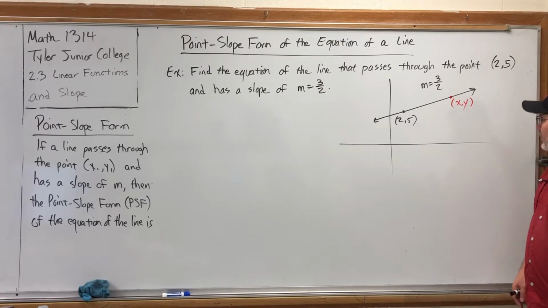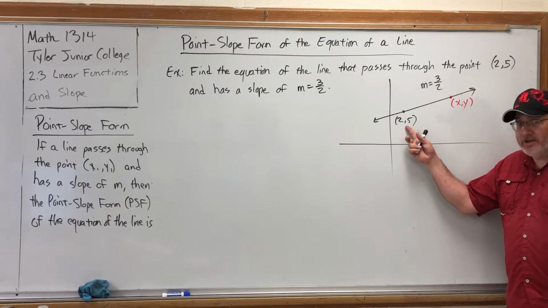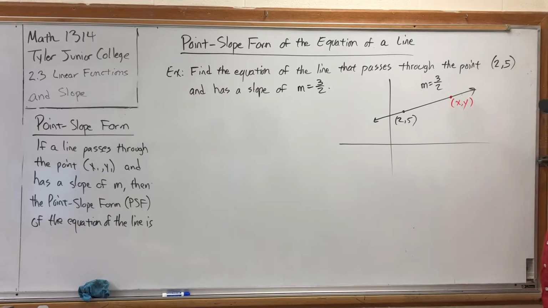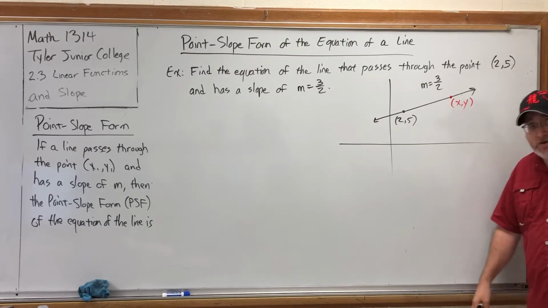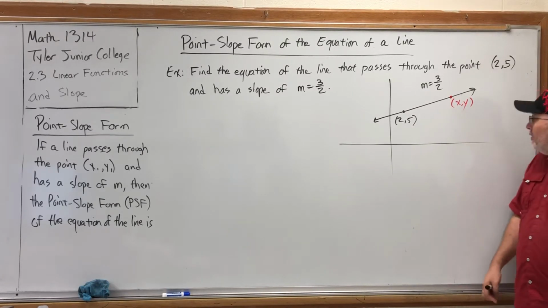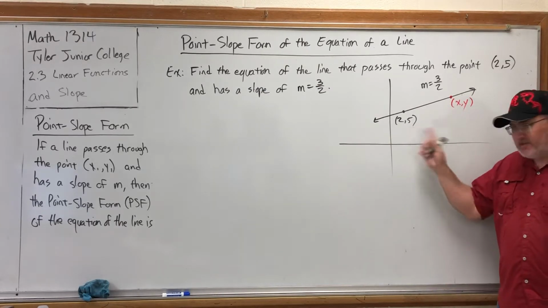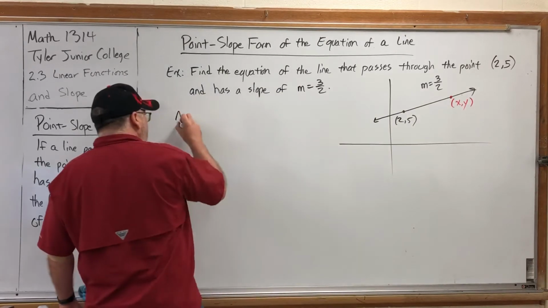Well, we know that this point, along with this point together, we can calculate a slope, and we know the slope has to equal 3 halves. So, based on the fact that the slope is 3 halves, I can set up the equation for the slope of a line with a generic point, which could be any point on this line, and this specific point that we were given. So, let's set up that slope equation.